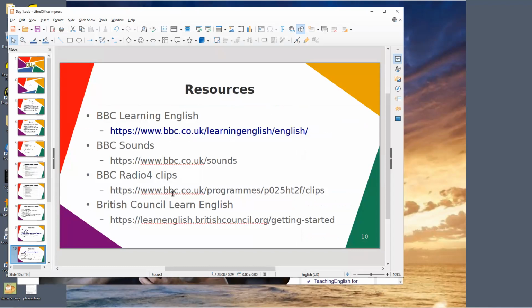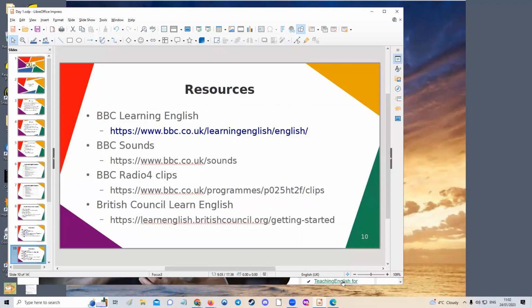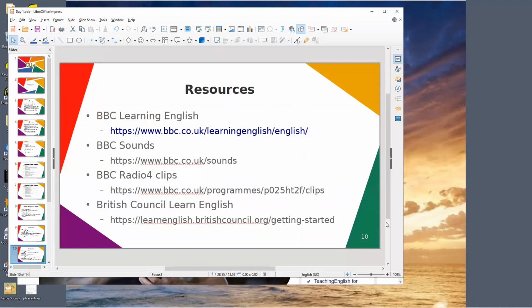So, phew, I think that's all the resources. So again, you will have all of this as a PDF and you will be able to connect to these links that way. So this will all be there.